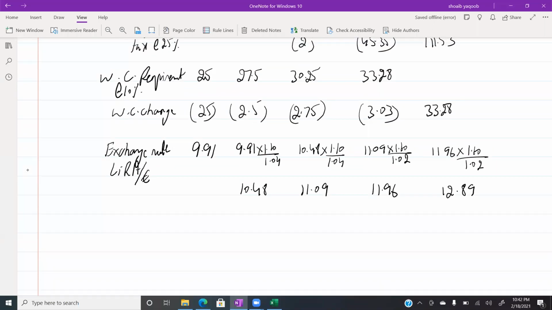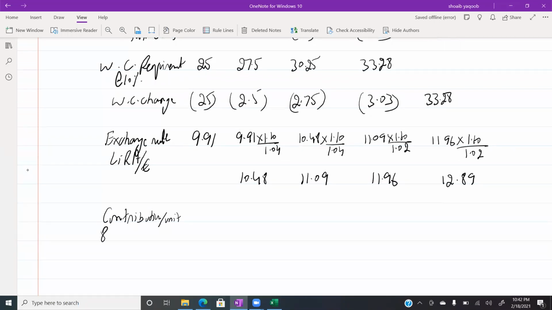So what is the contribution per unit? You are earning 8. And this 8 will increase every year with inflation.